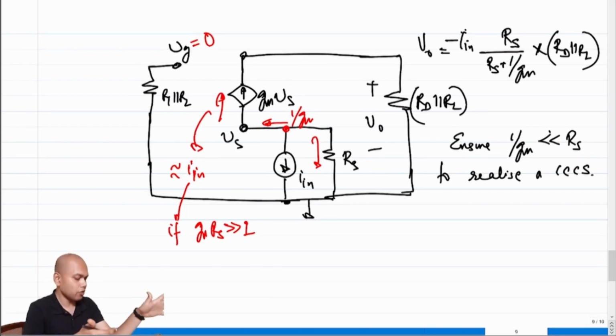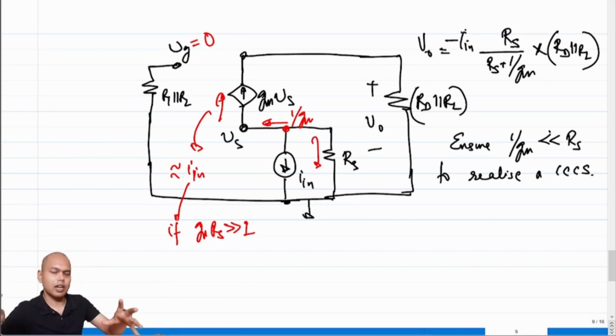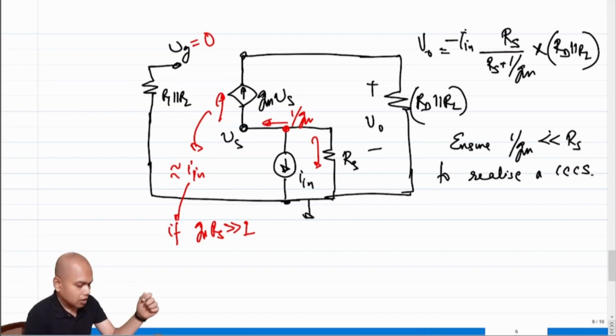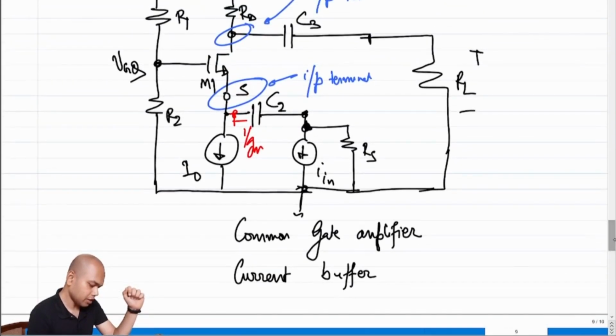Since the entire I in flows in regardless of whatever is connected to the output port, this essentially becomes a current buffer, because it is conveying the input current information from a non-ideal source efficiently to the output and isolating the loading effect of the output RL on the non-ideal input source. Okay, so this essentially becomes a current buffer as well.